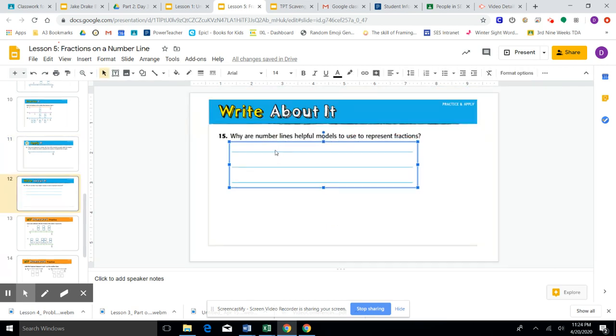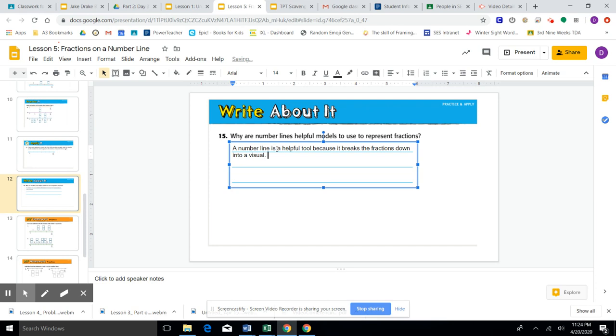Okay, so a number line is a helpful tool because it breaks the fractions down into a visual.